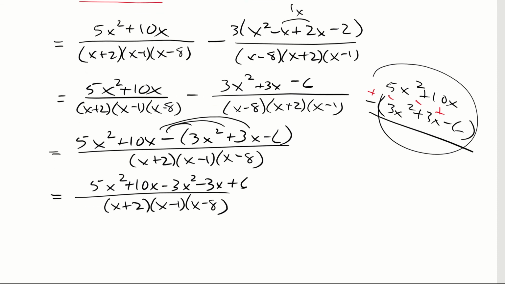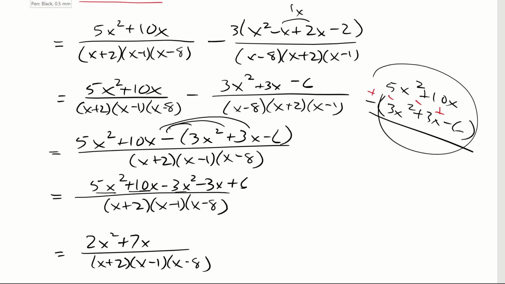Oh my gosh, can we be done? You're almost there. X plus 2, x minus 1, x minus 8. Upstairs, I got 5x squared minus, that's a 2x squared, right? I got 10x, that's a plus 7x. And then I have a plus 6, right? That's it, right? Plus 6.